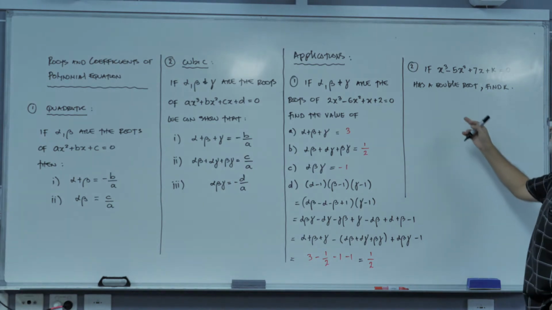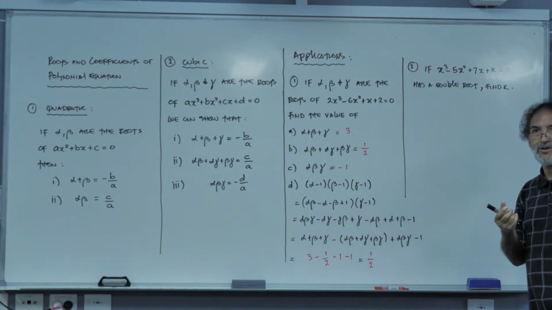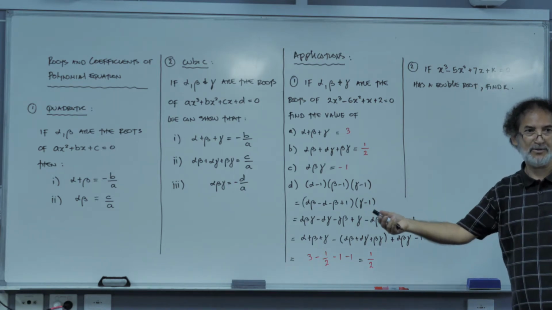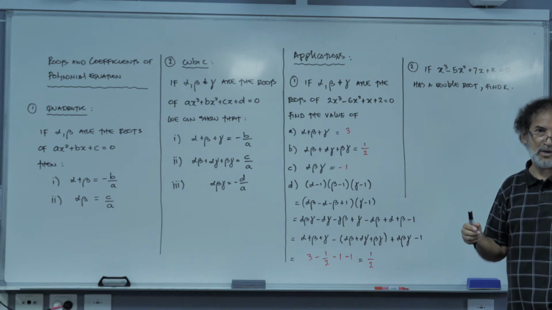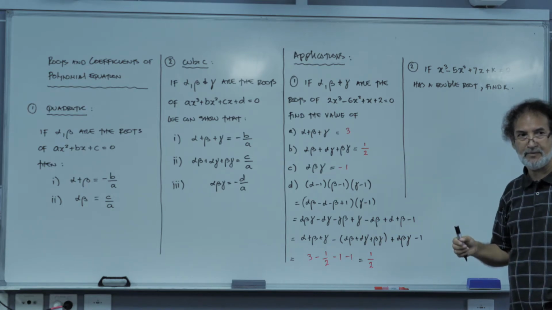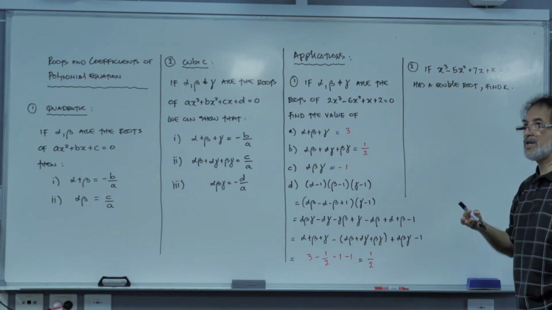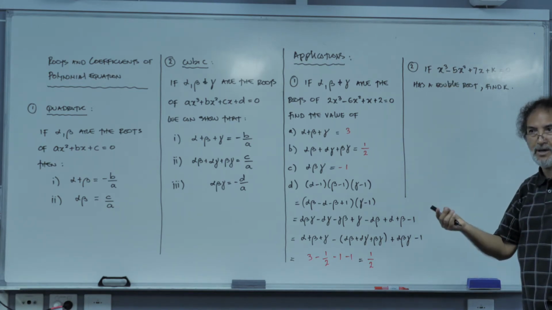When they say that they have a double root, it means that when you solve this equation, you're going to have x equal 3 and x equal 3, for example. That's what we mean by having a double root. Also we know that this is a cubic, so we expect to have alpha, beta, and gamma.